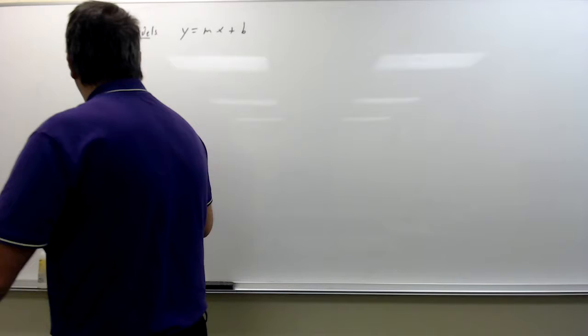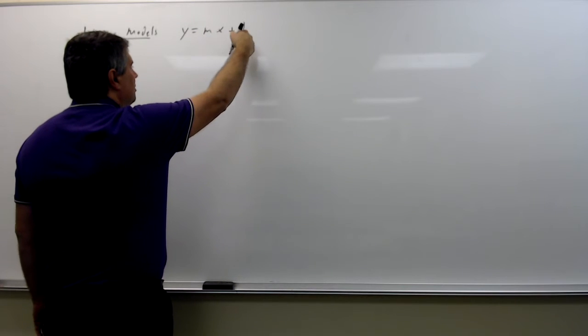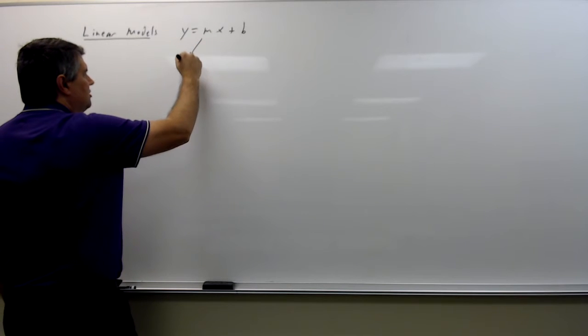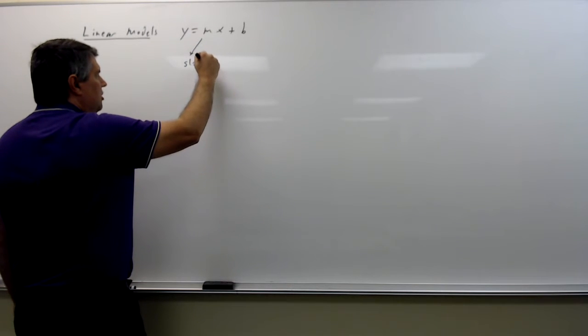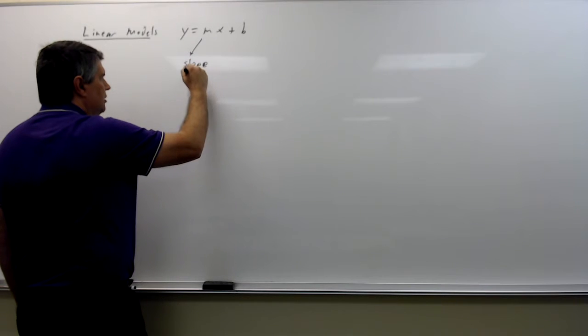All right, so this is y equals slope times x plus the y-intercept. That is typically called the slope. It's the rate of change.